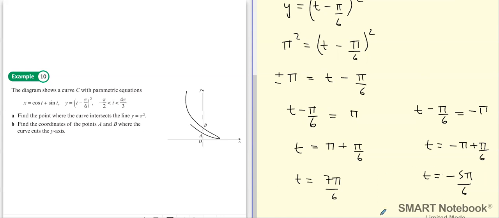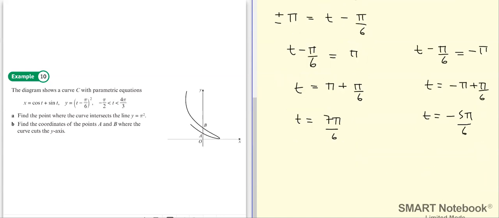Why is minus 5 pi over 6 not a valid t value? Because it is out of the range, yeah. We see the range is minus pi over 2 to 4 pi over 3, so this is out of range, so not valid.